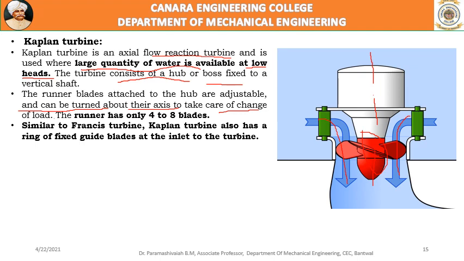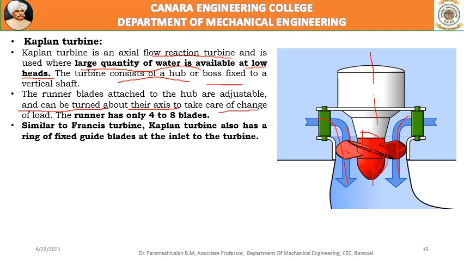So you can observe this is the hub at the center, and these are the blades on the periphery, and the angle of the blade is not fixed; it can be varied depending on the load. Depending on the load, this angle can be varied, or the exposure of the blade surface to the water flow can be varied, so thereby we can adjust to the load.